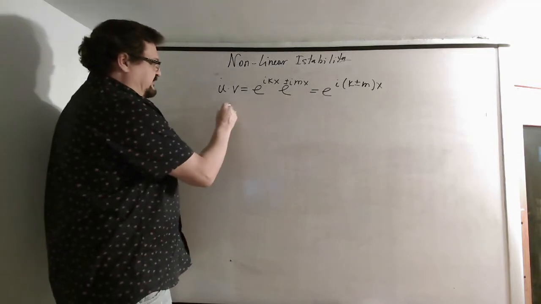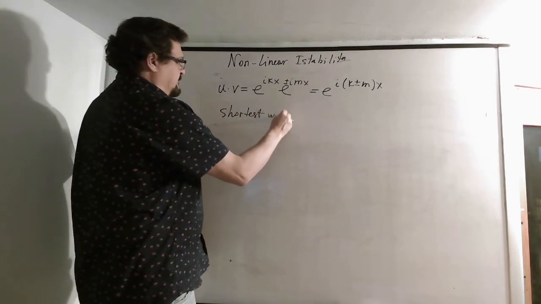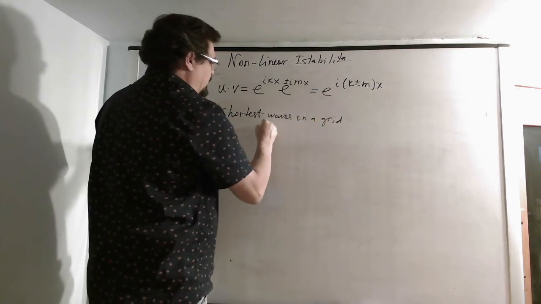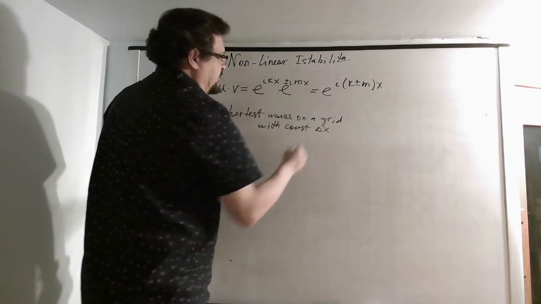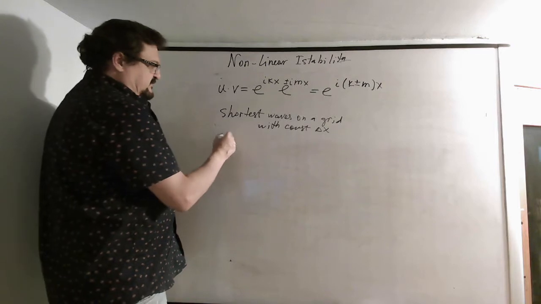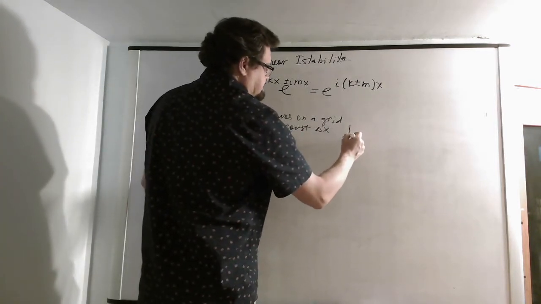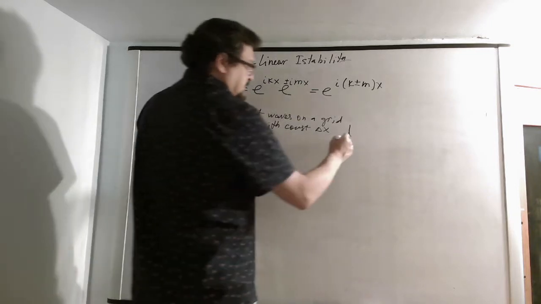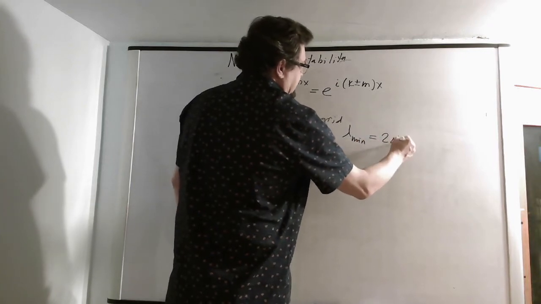So the shortest waves on a grid, say with constant grid spacing delta x. Then of course the shortest wave is lambda min, which equals, of course, 2 delta x.